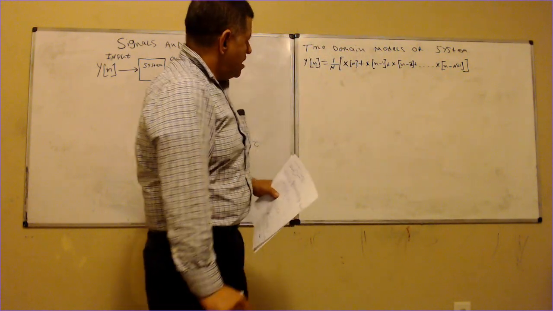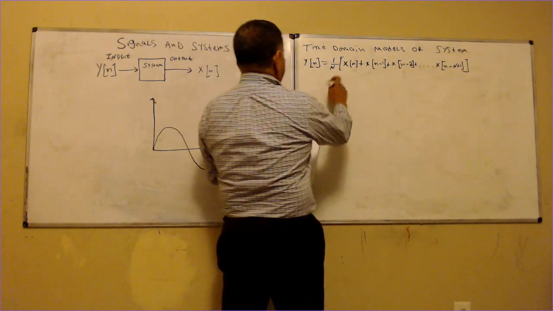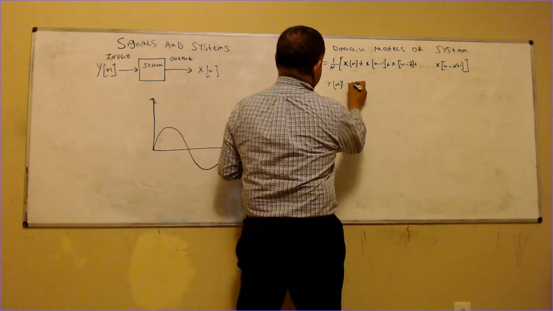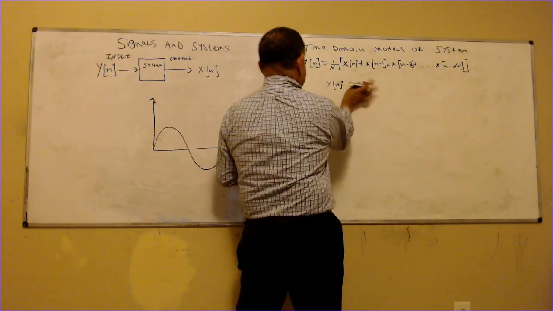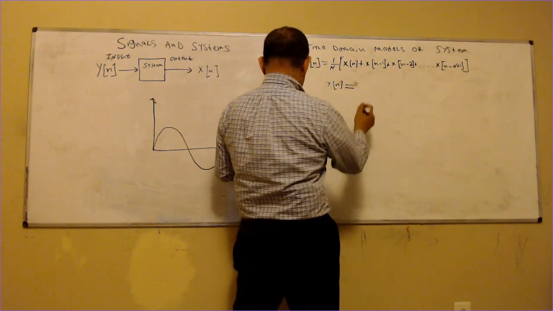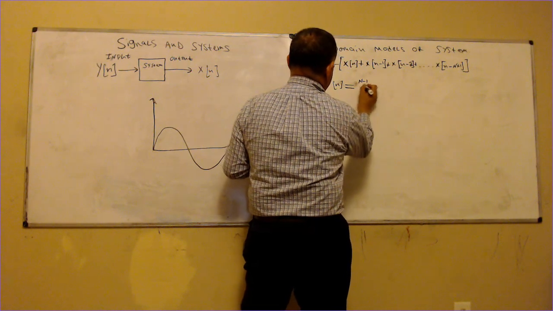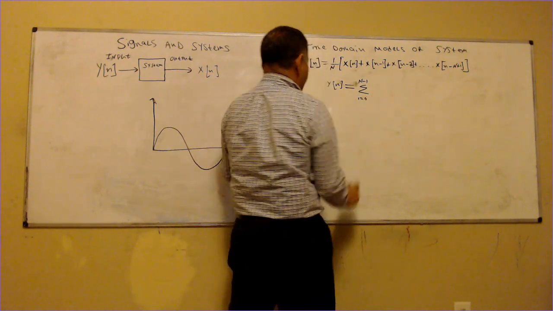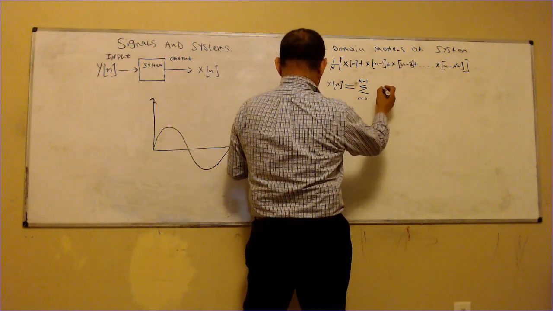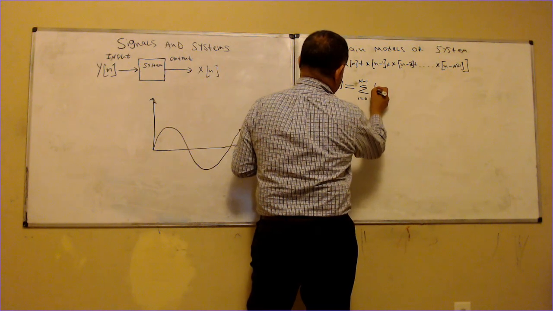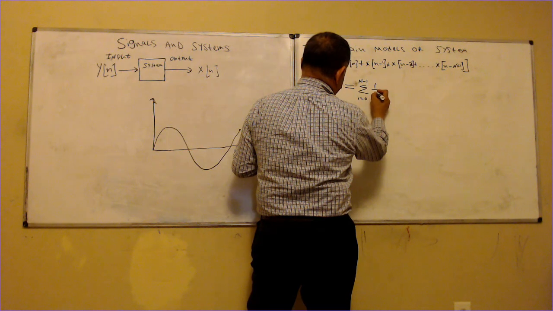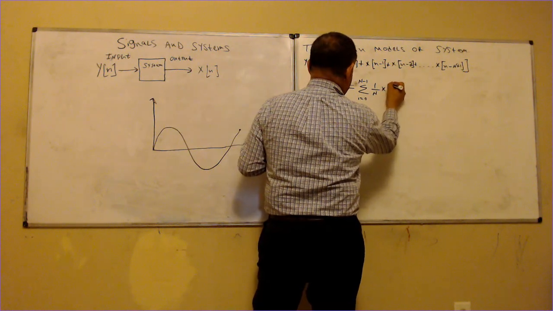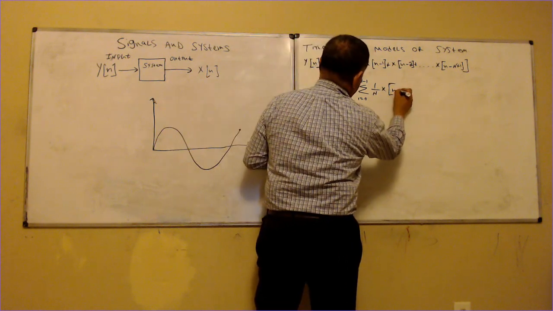Now, they say that this can be reduced to the following: y of n is equal to 1 over capital N, times the summation of i, starting from 0 to capital N minus 1, of x of n minus i.